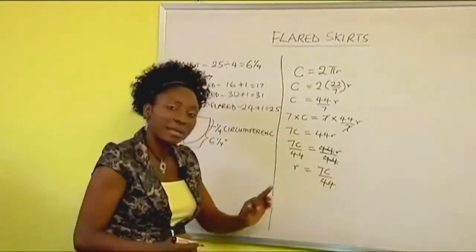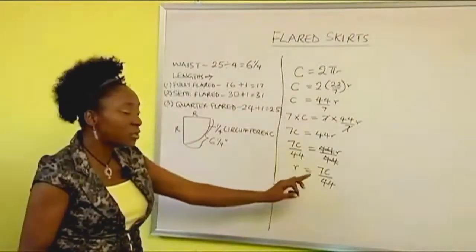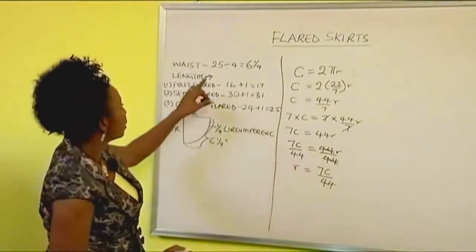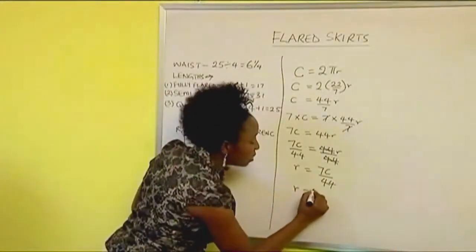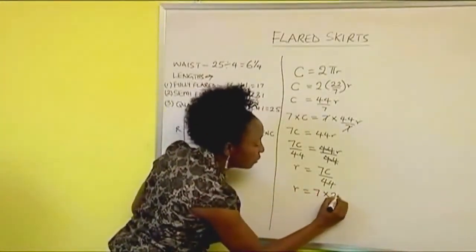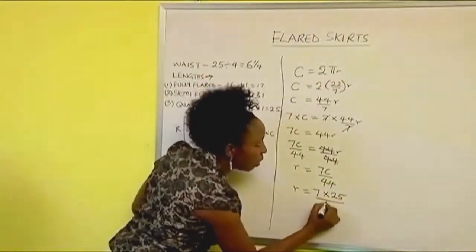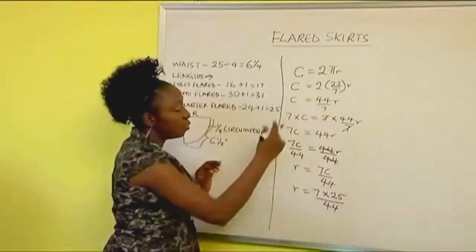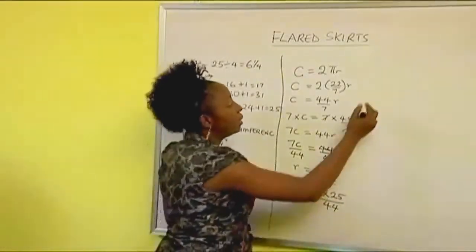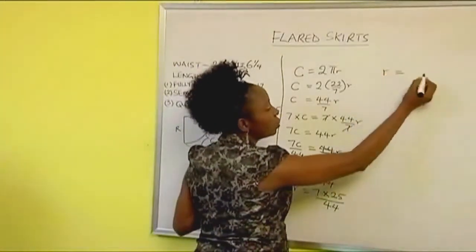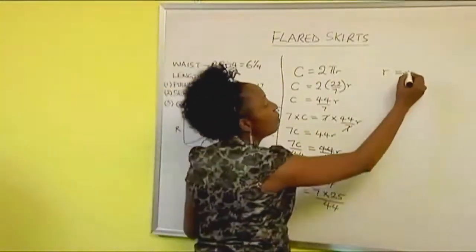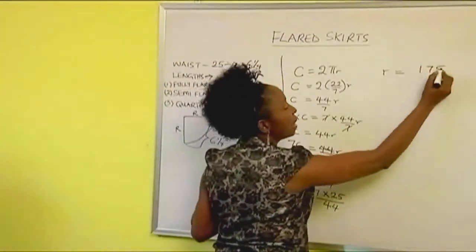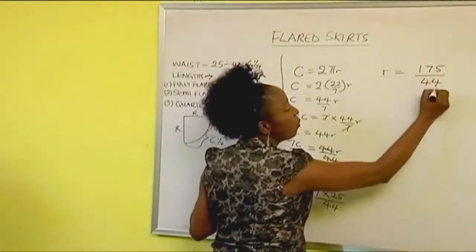Now, once we've done this, we already know that this is r. So now I know my C. All I have to do is substitute C with my measurement, which is 25 inches. So that will give me r equals 7 times 25 divided by 44. If we calculate 7 times 25, you get 175, divided by 44.